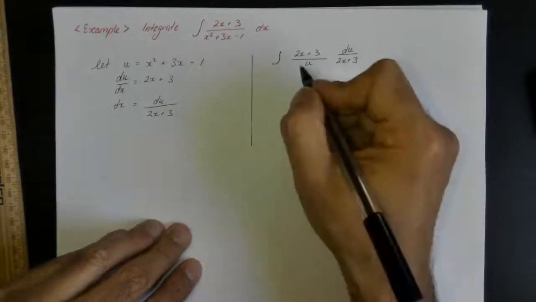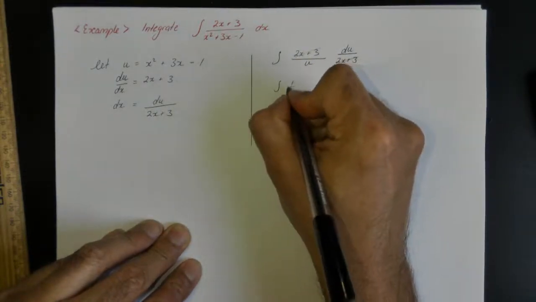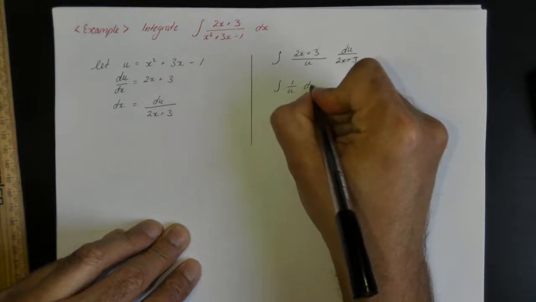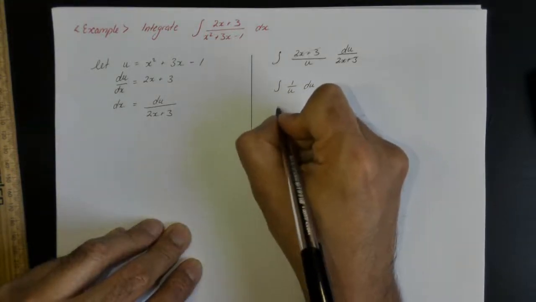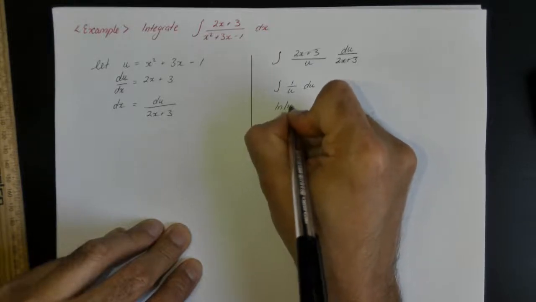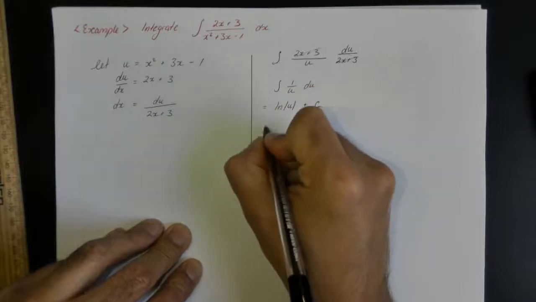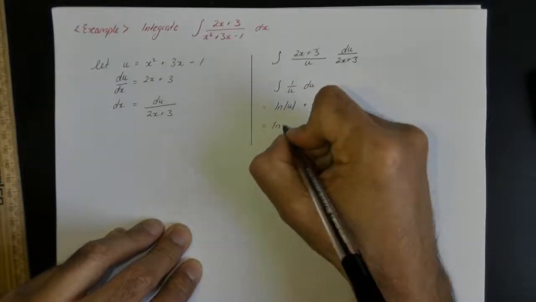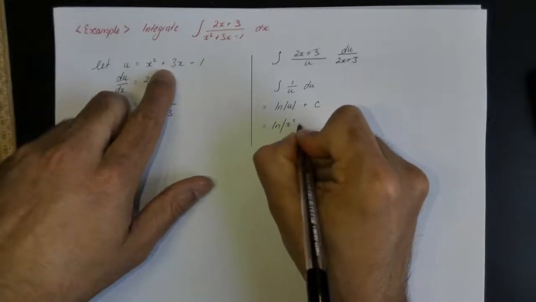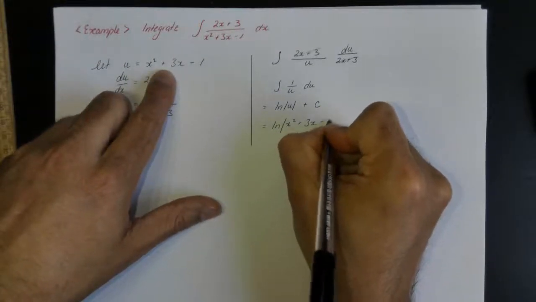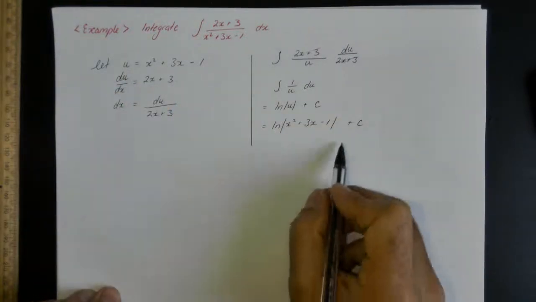Okay, well this cancels out this, leaving me 1 over u du. Okay, to integrate 1 over u, I get the natural log of absolute u plus the constant. But I didn't start with u, so I'm going to sub u back in, which is x squared plus 3x minus 1, plus your constant. And there's your solution.